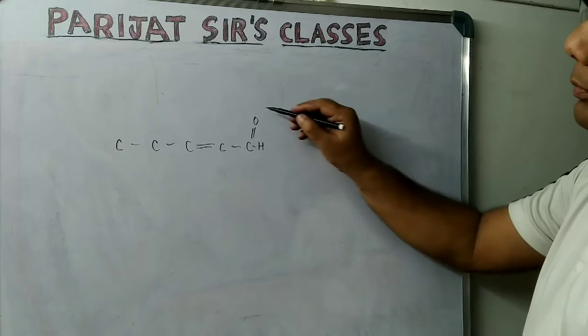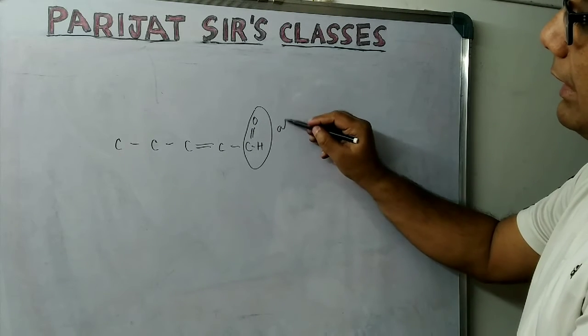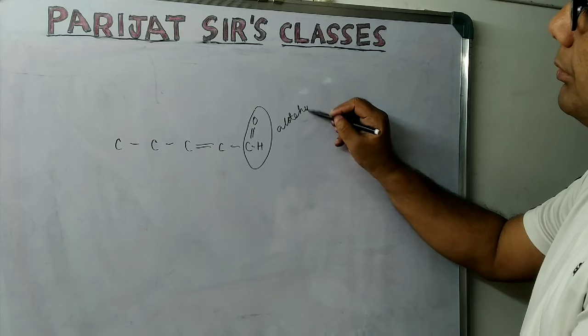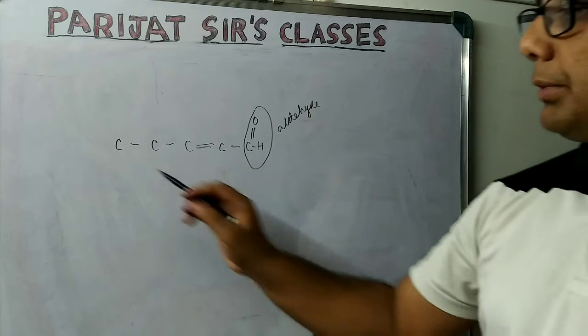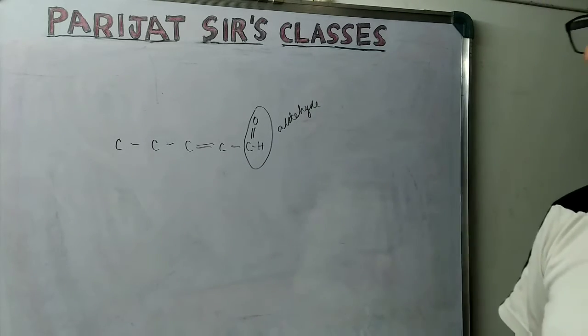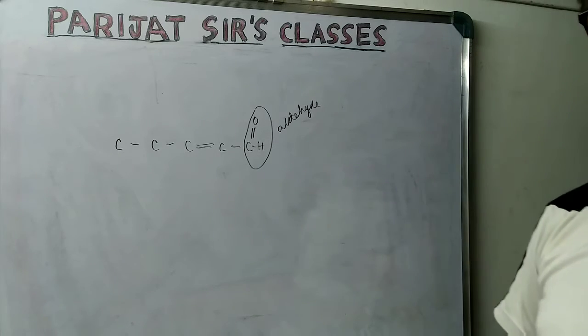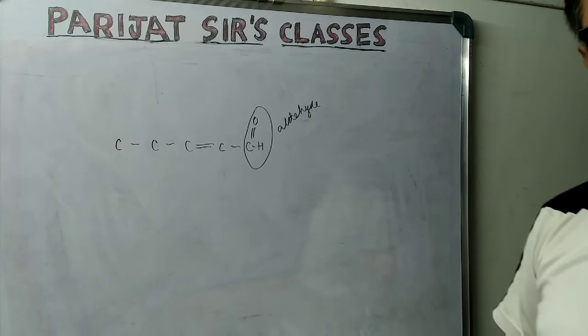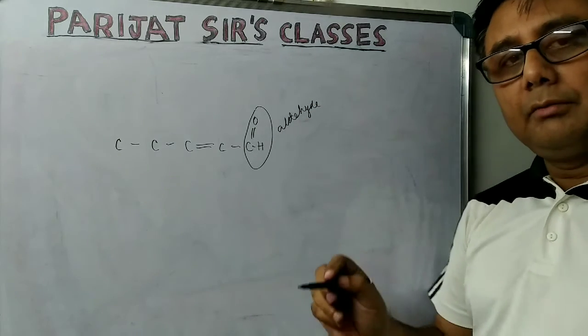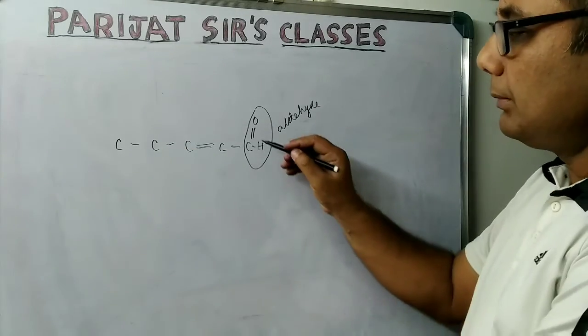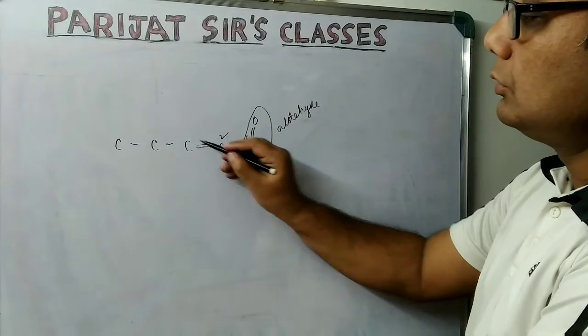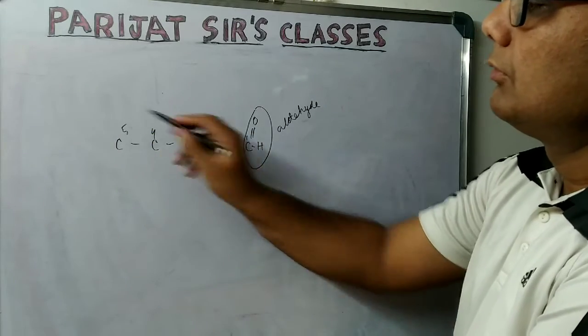So this is an aldehyde group, as we can see. So what is there in this compound? In this compound, this is the longest chain. There is a double bond. There is a functional group. So what preference will we be giving? First is the longest chain, then the functional group. So obviously the numbering will start from here. 1, 2, 3, 4, 5.